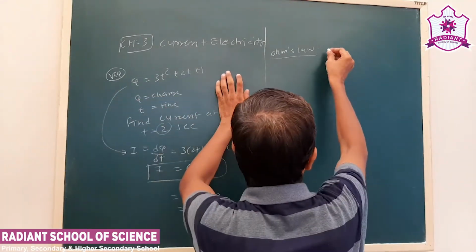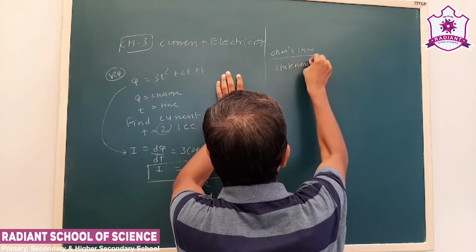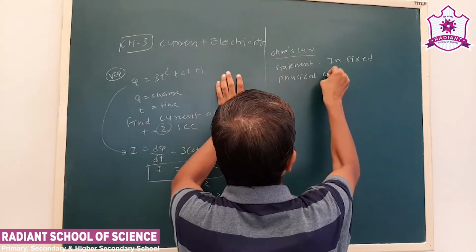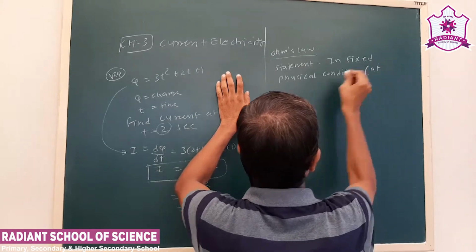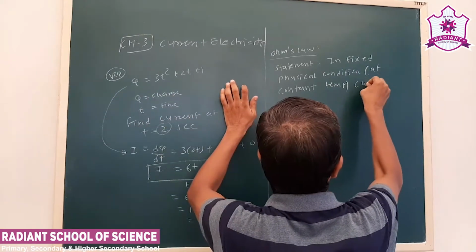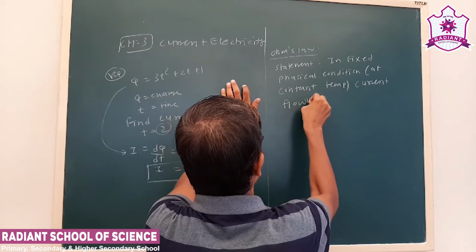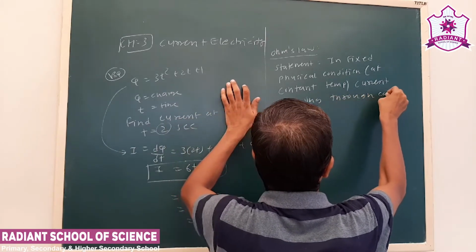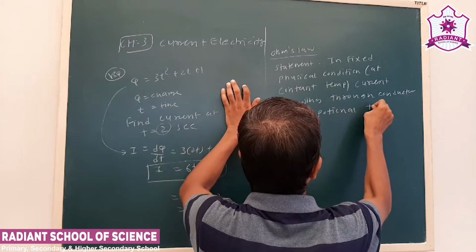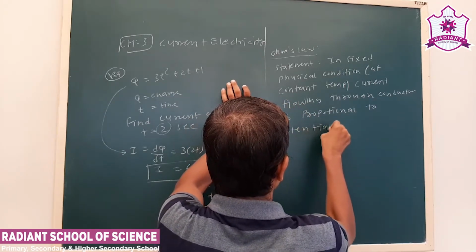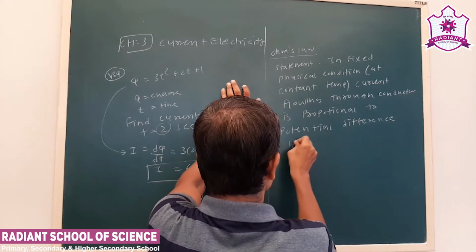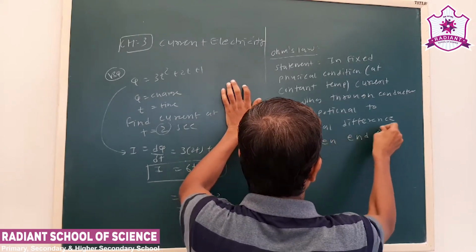So we can say, now see the statement, in fixed physical condition, that is at constant temperature, current flowing through conductor is proportional to potential difference between end of conductor.